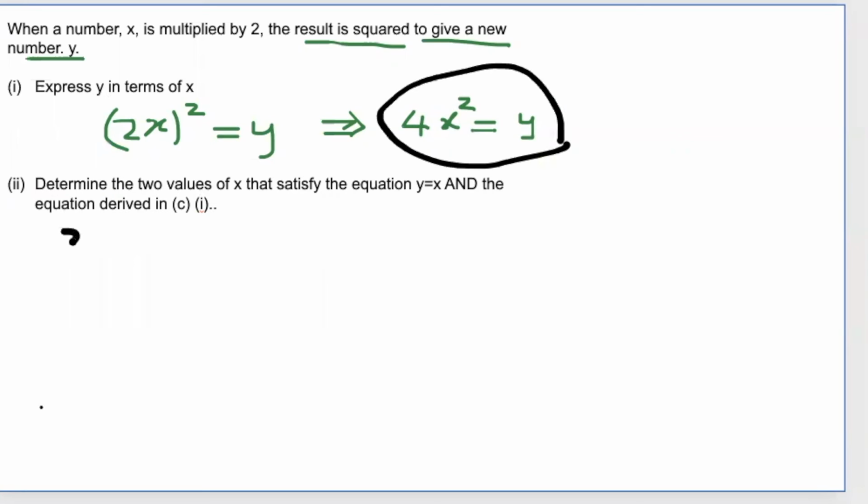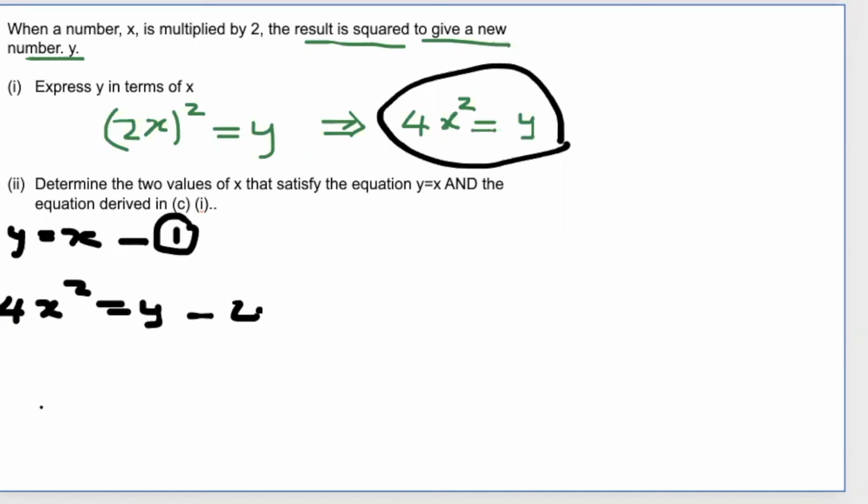So we have y is equal to x, that's equation 1, and then I have 4x squared equal y, and I will call this equation 2. Now, I am going to substitute equation 1 into equation 2. I have 4x squared equal y. I have the information that y is equal to x.